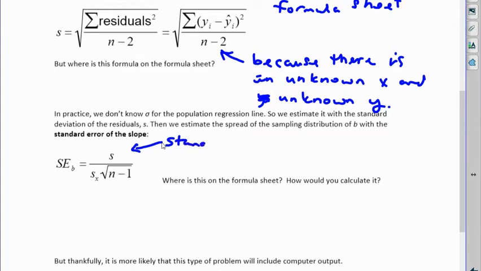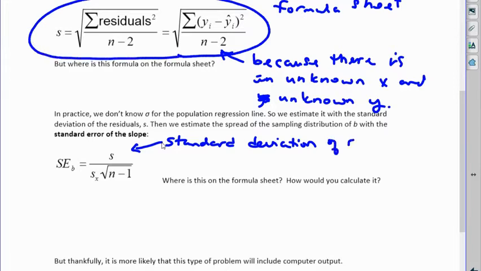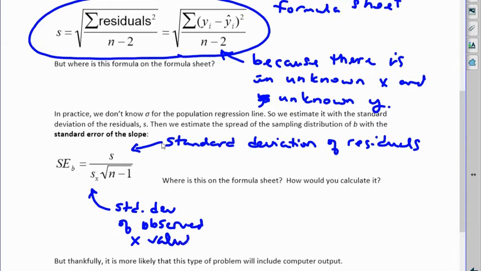And so we take our standard deviation of the residuals, which we find using the formula from the formula sheet, and we divide that by the standard deviation for our observed x values. And also divide by the square root of n minus 1.